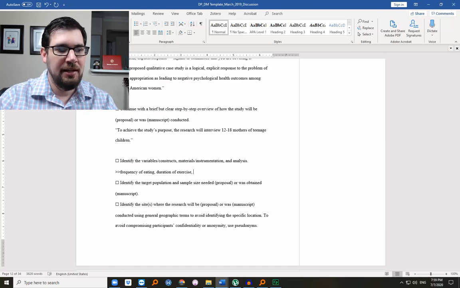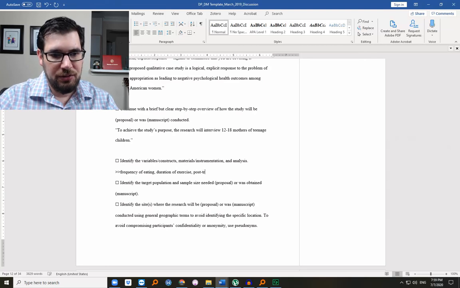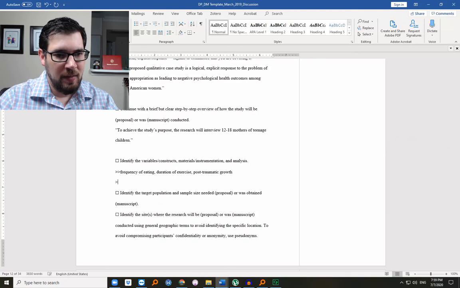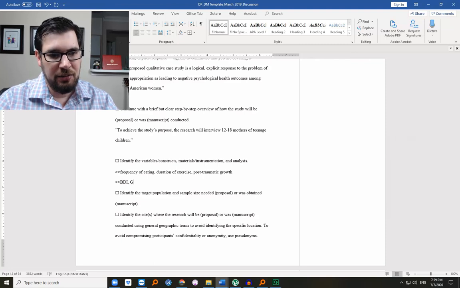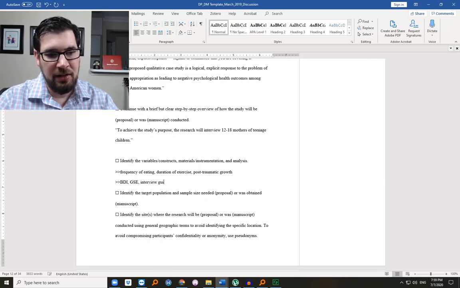Constructs might be post-traumatic growth. In terms of materials and instruments, we might have the Beck Depression Inventory, the General Self-Efficacy measure. If it was qualitative, we might have just something called an interview guide.